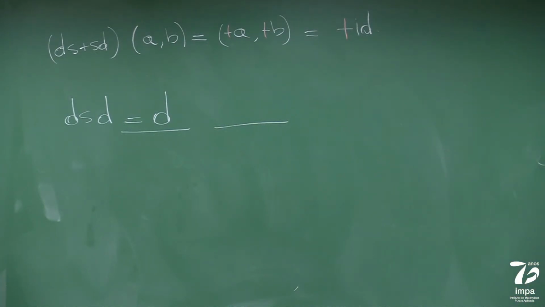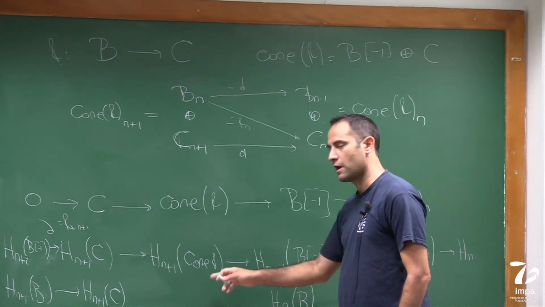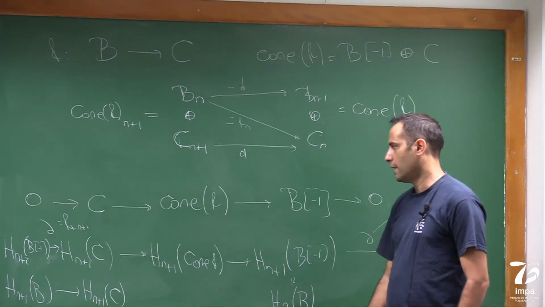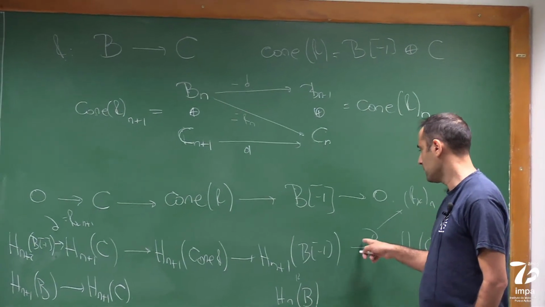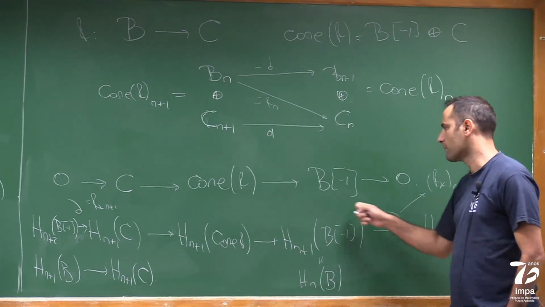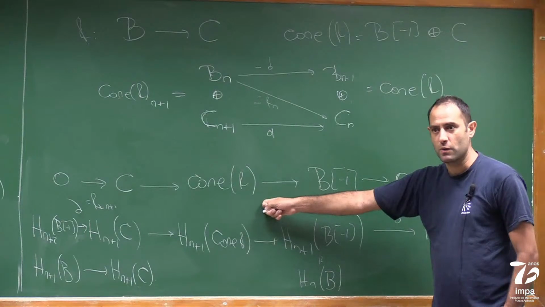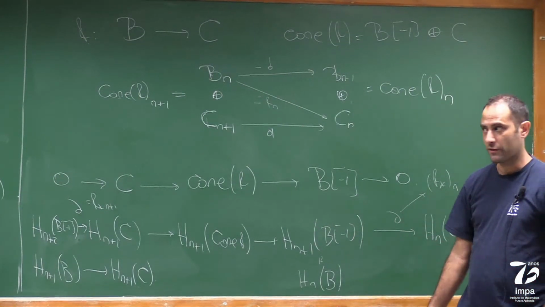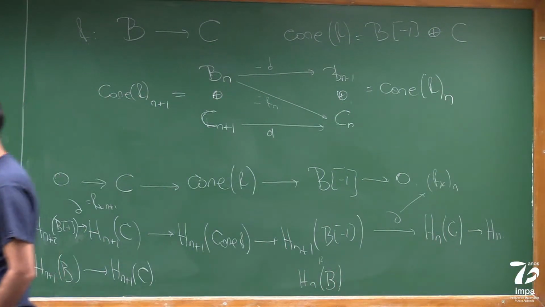Let's prove our original intuition coming from here, that the connecting homomorphism for this short exact sequence coming from the cone is actually the map that I started with. So let's write that as a theorem.